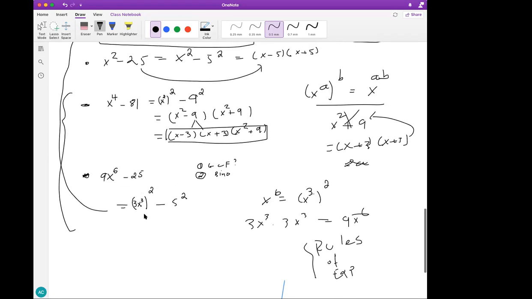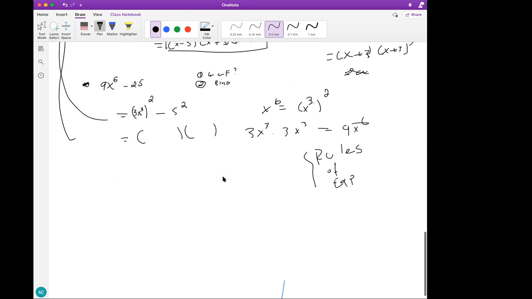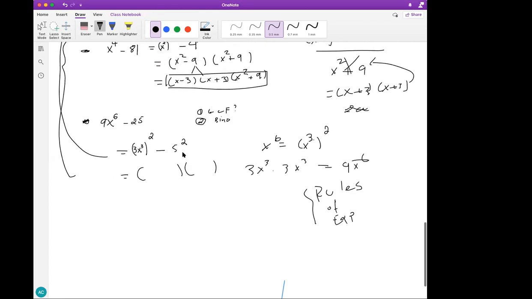Do we have difference of 2 squares here? Yes, we have a difference. Yeah. We have 2 squares. All we have to do is turn this into parentheses. And again, you do that by taking what's under the powers, and you write that twice. Once with a minus, once with a plus. Okay, so what goes inside here? If we take just under the powers. So 3x times the 3. That's right. So 3x minus 5.